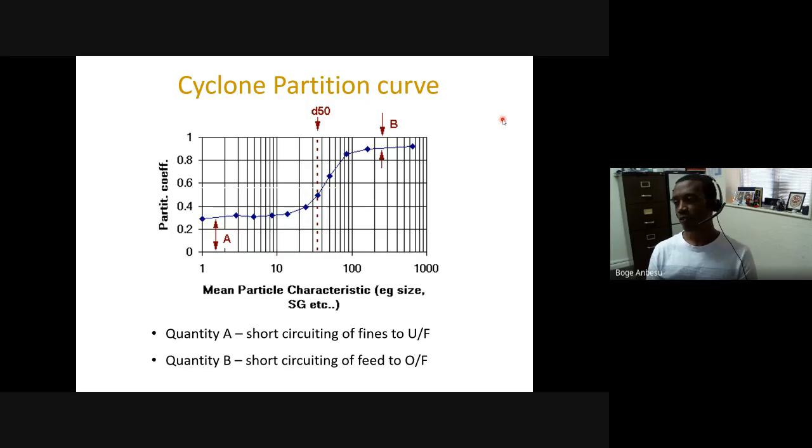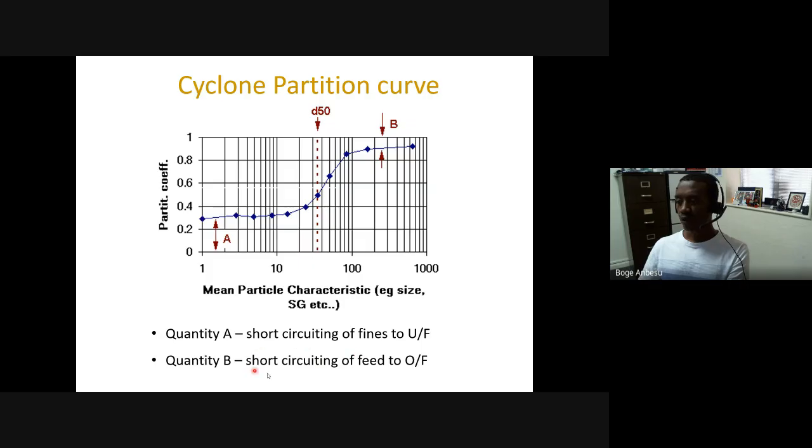And we see from a typical partition curve whether your cyclone is actually performing at a reasonable rate or not. Okay, so efficiency can be worked out by constructing a partition curve. And the partition curve is basically all about minimizing A and B here. A is because of the possibility of fine particles going to the underflow. Usually this is fine particles being carried with water to the underflow.